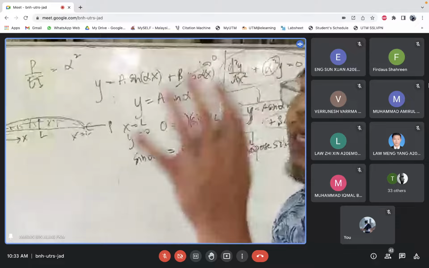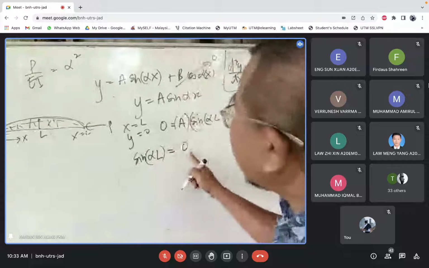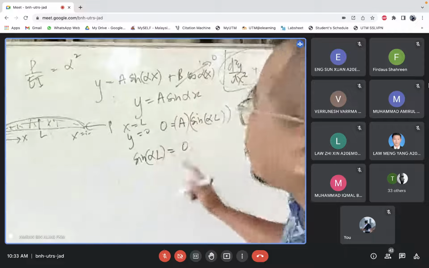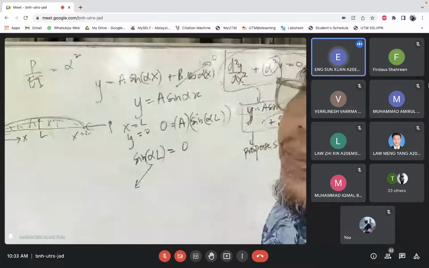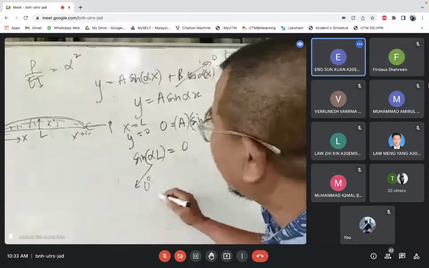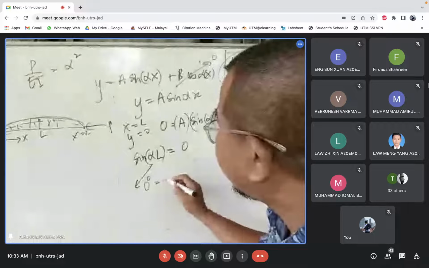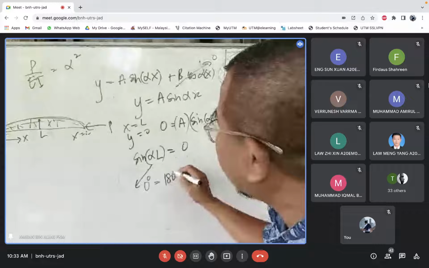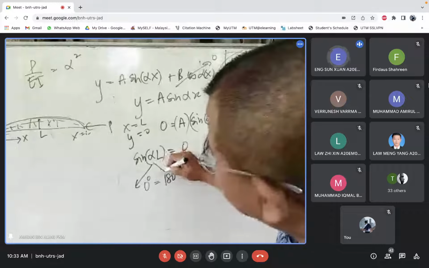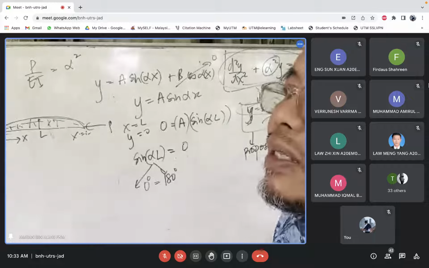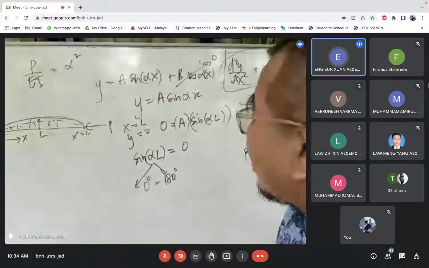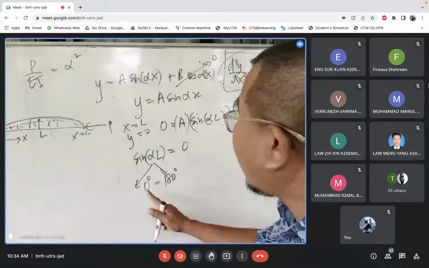Now we understand, when the sine of something is equal to 0, that angle is equal to what? 0 degrees and then 180 degrees, right? Yes. And then what was the other? 360 degrees.